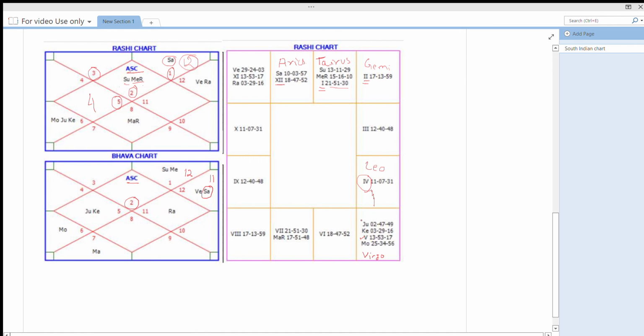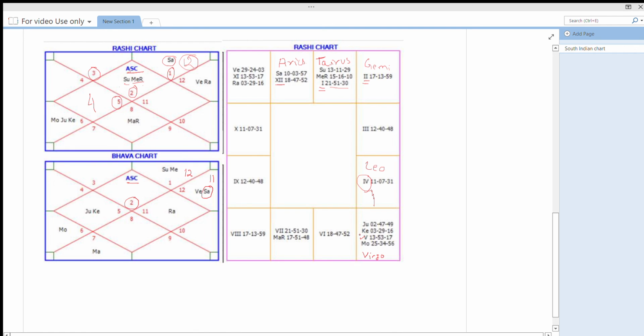And it has a Jupiter at 2 degree 47 minute 49 second and Ketu at 3 degree 29 minute 16 second and Moon at 25 degree 34 minute 56 second. So let me write down here. No, leave it. It will be long otherwise.